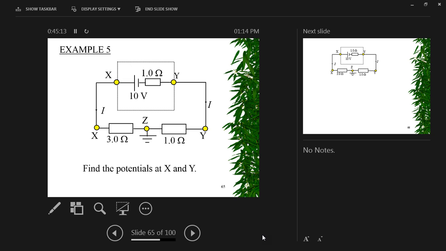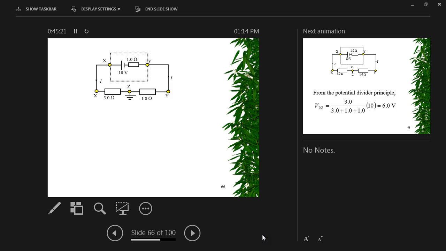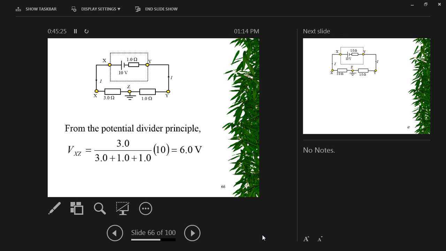Because the question says, not find the potential difference between x and y, but find the potential at x and the potential at y. So we'll go about doing it using the potential divider principle again, of course. I'm going to say that the potential difference between x and z is equal to, applying the potential divider principle, R_xz over R_xy, times the total.